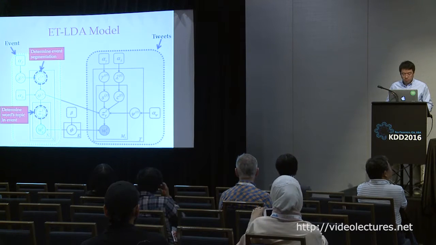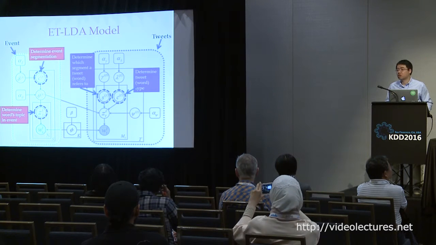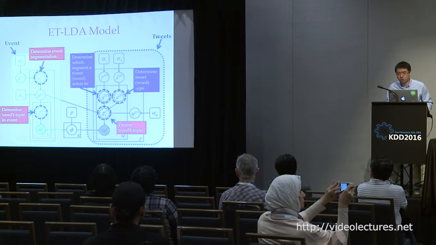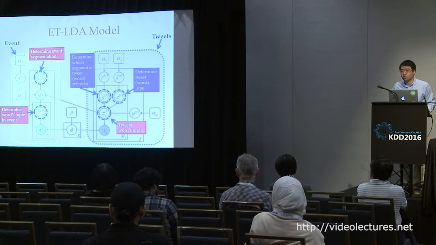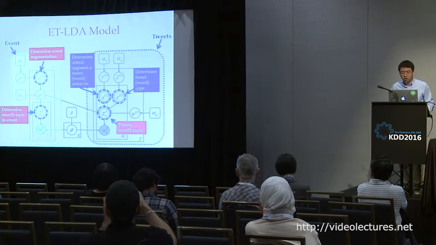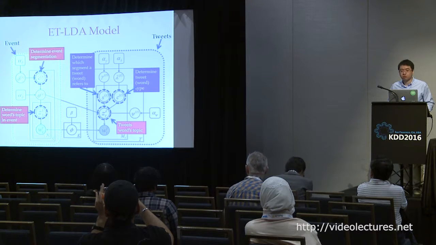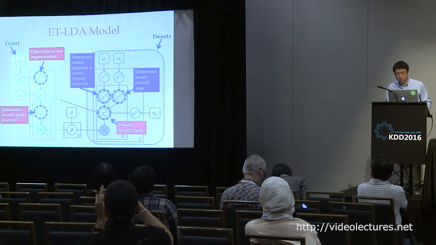We have variables to control the event segments, and also to control whether a tweet is a specific tweet or a general tweet. If it is a specific tweet, then the topic distribution of this tweet is the same as the topic distribution of the segment that this tweet refers to.